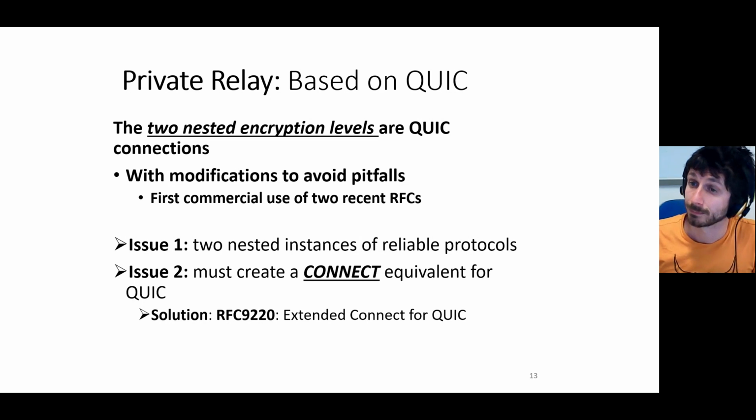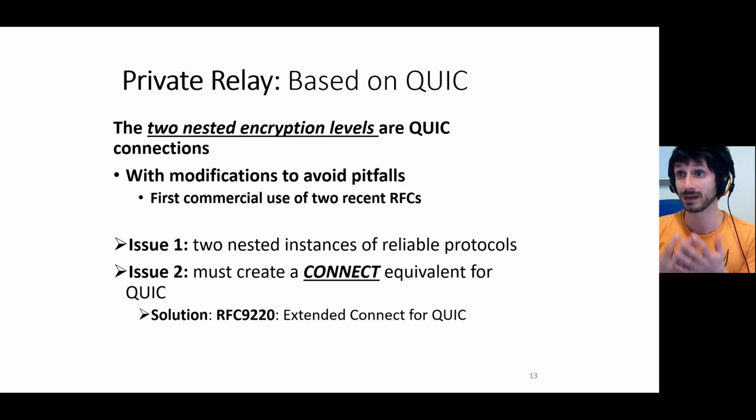So Private Relay is the first attempt to have a QUIC-based VPN service. It uses two nested encryption levels, but must modify QUIC a bit to avoid some problems. So it is the first attempt to use two recent features of QUIC. The first issue to solve is that with QUIC, you would have two nested levels of reliable protocols, and this is a bad idea.